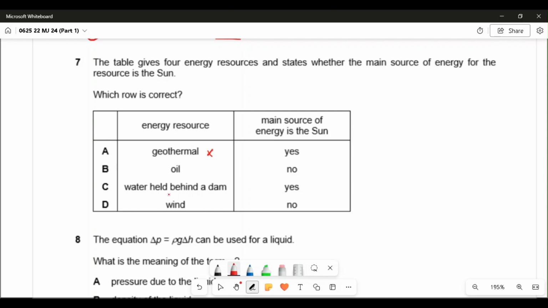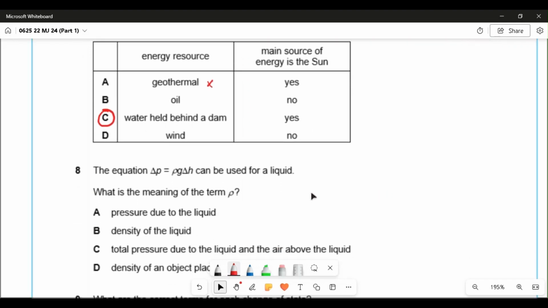Sea is water held behind a dam. When water is held behind a dam, it has energy, and that energy is basically the tidal pull created by the sun. Yes, it is correct. Wind is also provided because of the sun, because the sun creates the temperature change between two places, and convection currents flow to blow the wind. So it is yes, and it is water behind the dam.